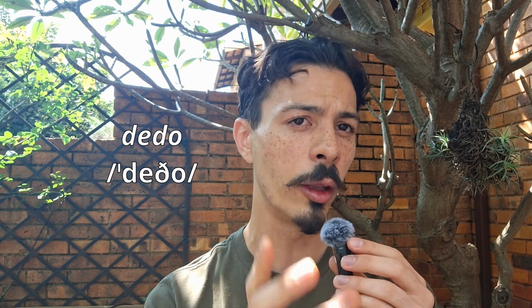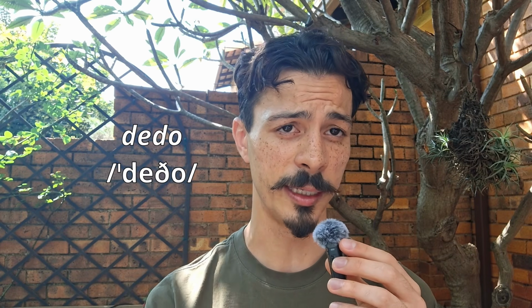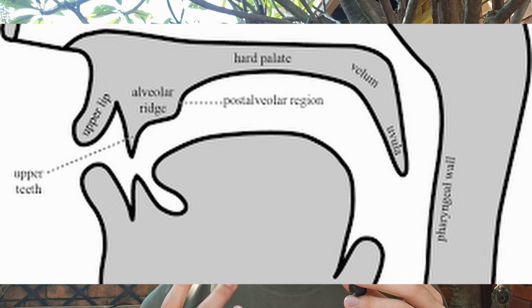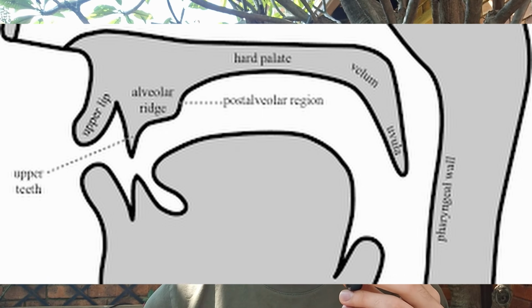Think about the word dedo and look at how it's transcribed here phonetically, and you'll see what I mean. With this word initial d, the tongue presses more firmly and a little bit closer to the teeth on the alveolar ridge than the r. Think back to the alveolar tap we've just practiced and move the tongue a little bit closer to the teeth. Move from r in pero to d in dedo.